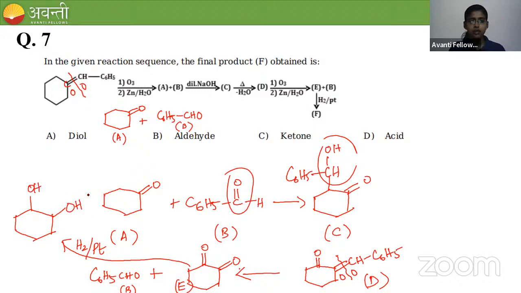So you'll get a compound like this, and this is compound F. In this compound, we have two OH groups attached to the cyclohexane ring. They are alcohols, right? Since we have two alcohols in the compound, it is named as a diol. So finally, we are getting a diol from the given sequence of reactions. So option A is the correct answer for this question. Do you have any doubt here in this question?